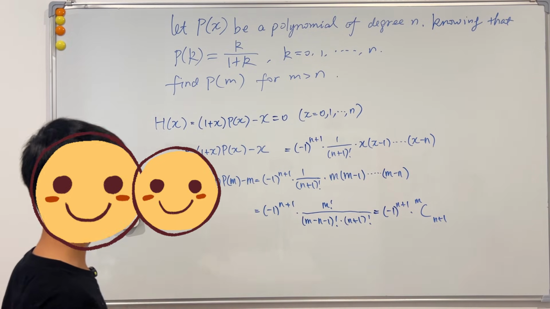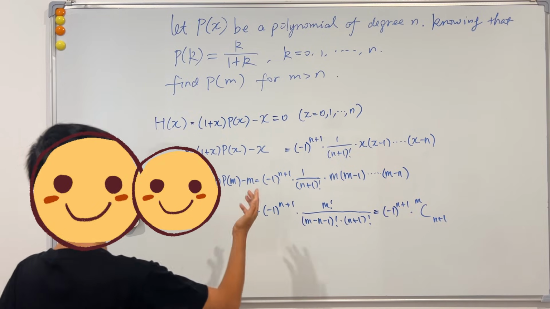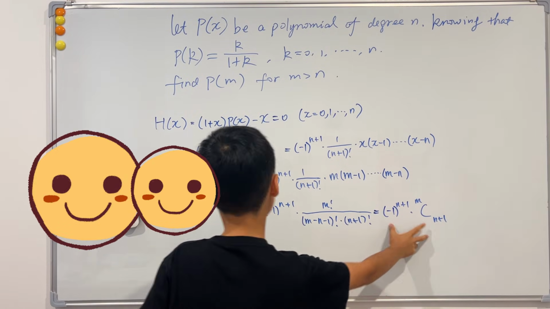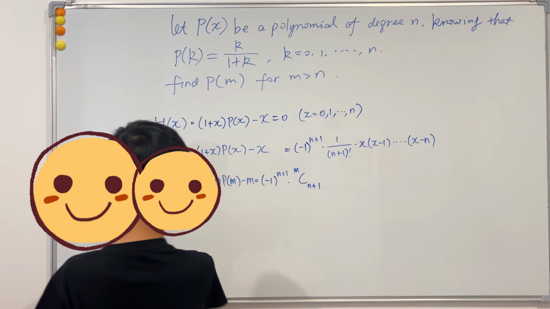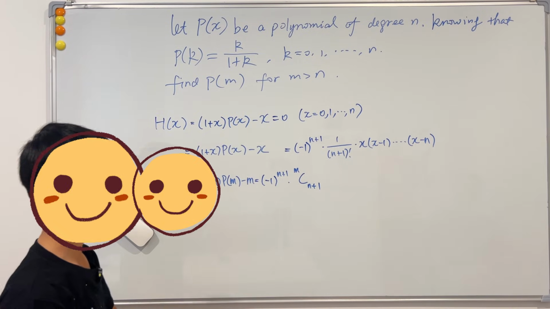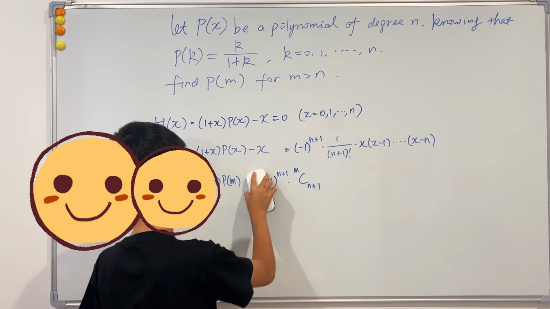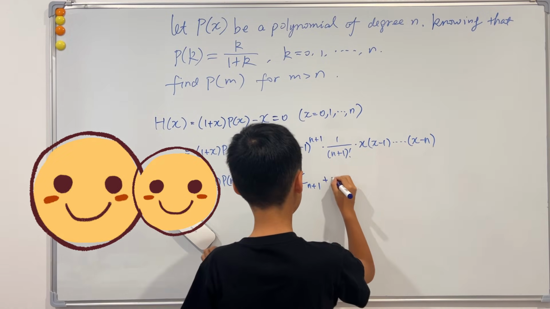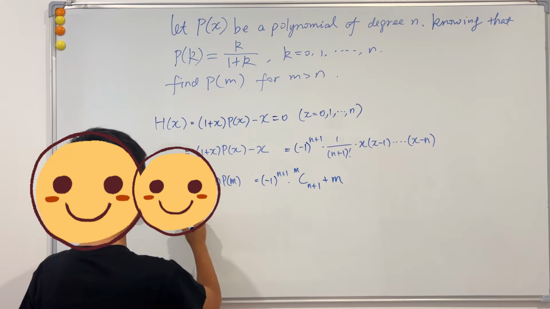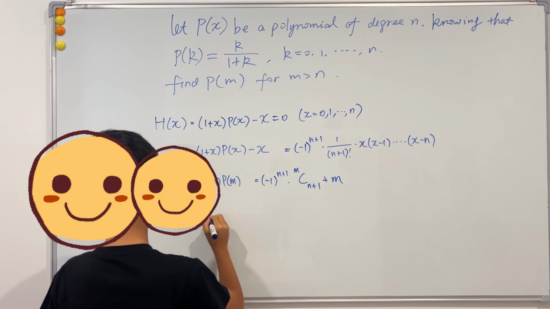So now we can figure out p of m, but I'll just rub this out and I'll leave this. Okay, so now that we have this, I can move this m just like that. And then I'm going to divide the 1 plus m.